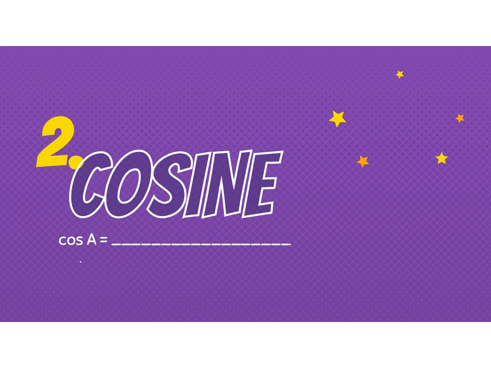Now let's look at cosine. Again, we have that same right triangle. Let's say A is still over here. Cosine of A will be the adjacent side, and that's the one right next to it. That's not the hypotenuse. It's the side length right next to it. So it's the adjacent side length over, or divided by, the hypotenuse.